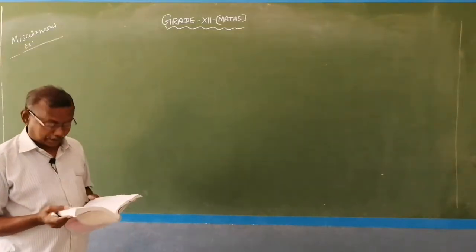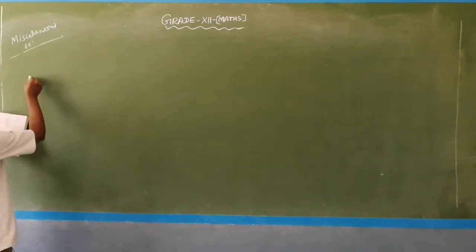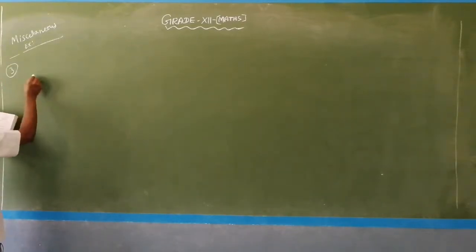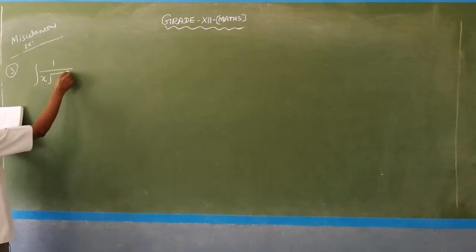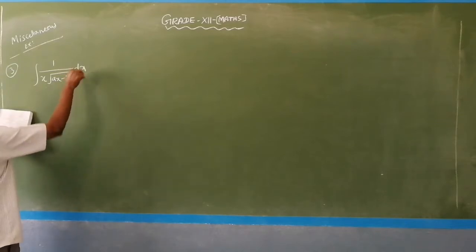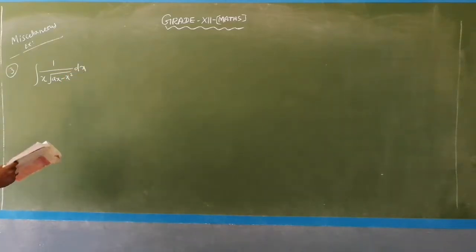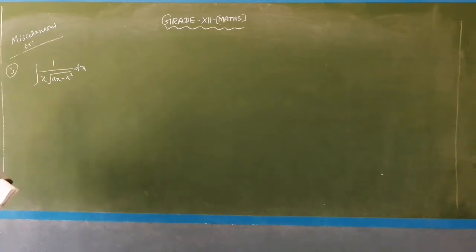Next, question number 3, integral 1 by x into root of ax minus x square into dx. They are given a hint, put x equal to a by t.